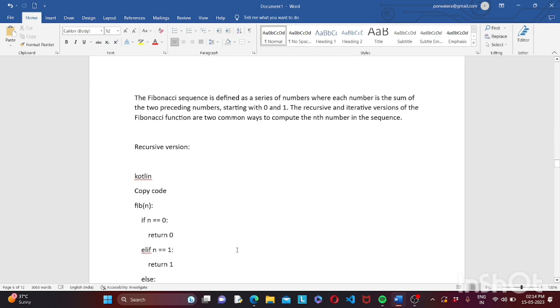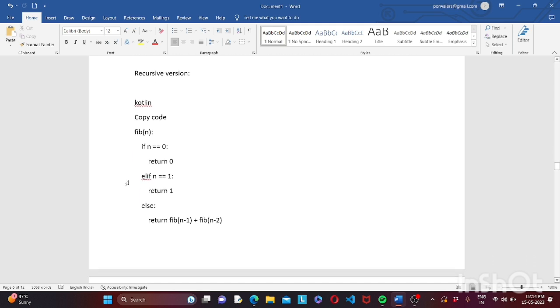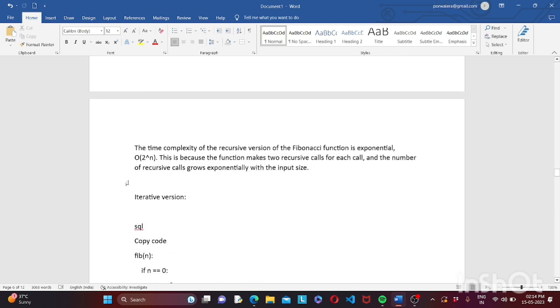The Fibonacci sequence is defined as a series of numbers where each number is the sum of the two preceding numbers, starting with 0 and 1, and then 1 again, then 1 plus 1 is 2, and so on. The recursive and iterative versions of the Fibonacci function are the two common ways to compute the nth number in the sequence.